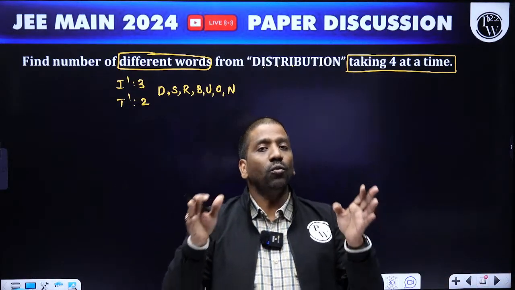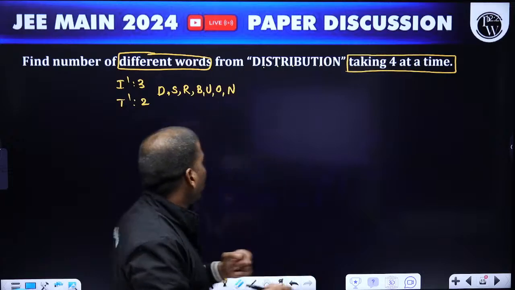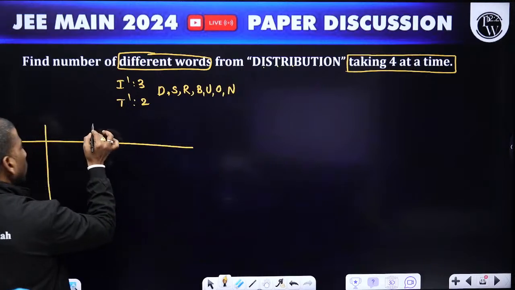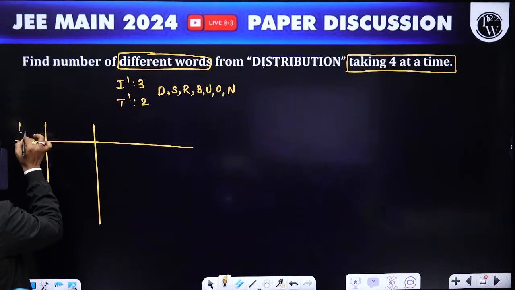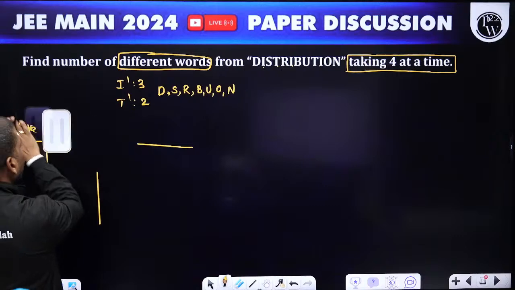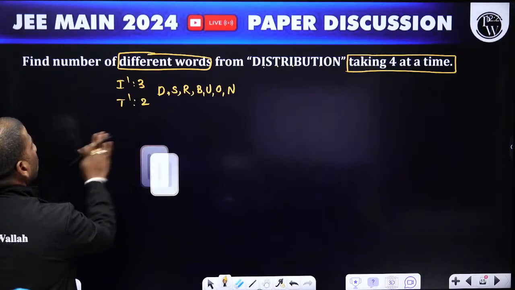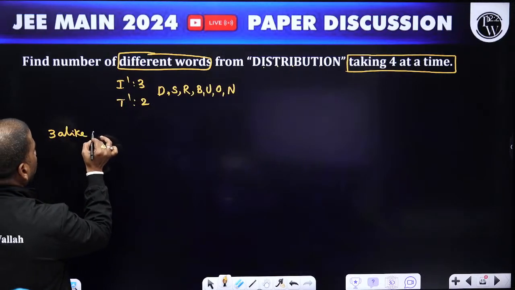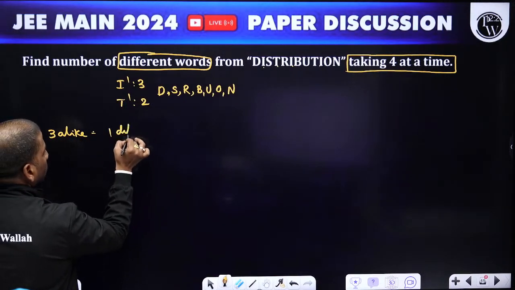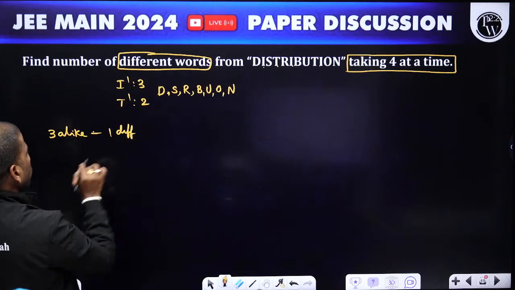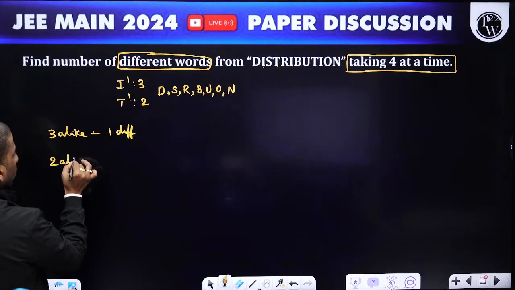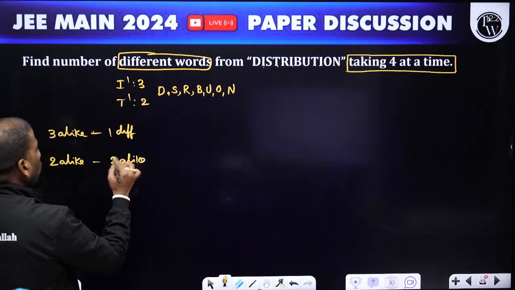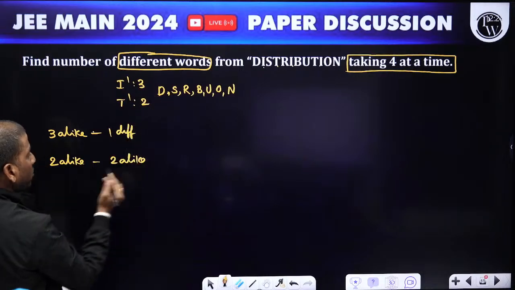So what we will do is write it in cases. What are the cases here? The cases are: 3 alike, 1 different. 4 alike is not possible. Then 2 alike of one kind, 2 alike of another kind, because 3 and 2 are present.